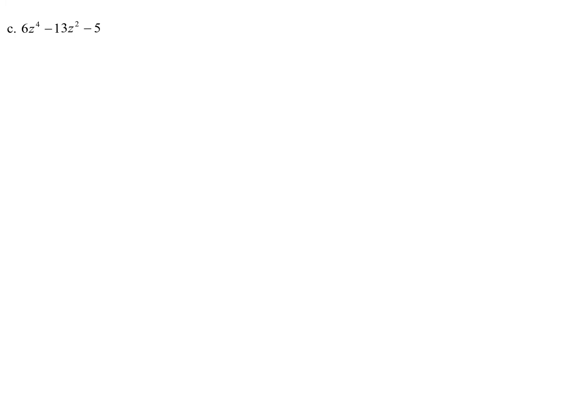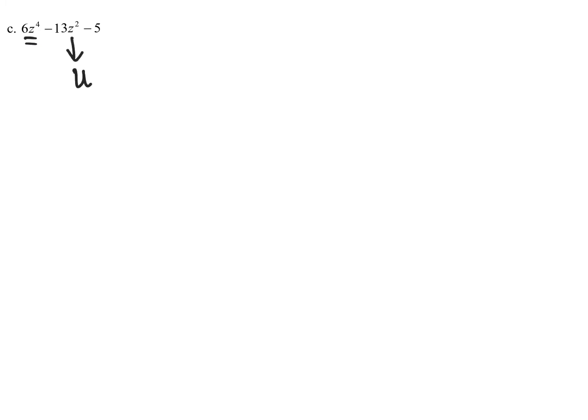So this one is where U substitution really is seen a lot. We don't factor normally with a z to the fourth in a trinomial. It's not something we've seen a lot. So this one, it's helpful to go to the middle term.